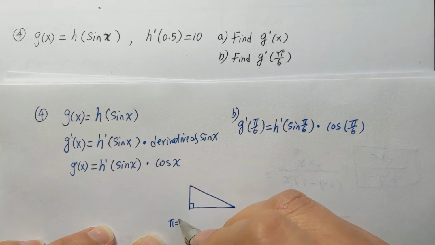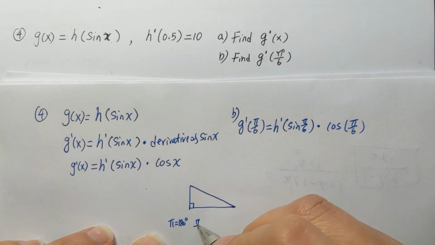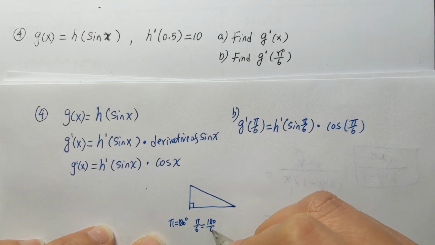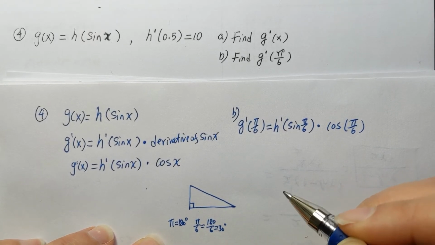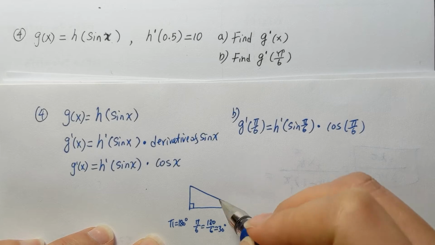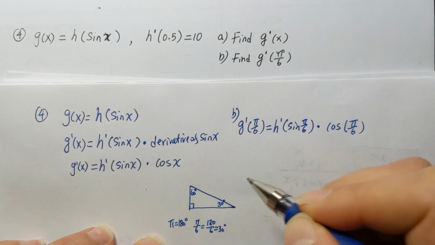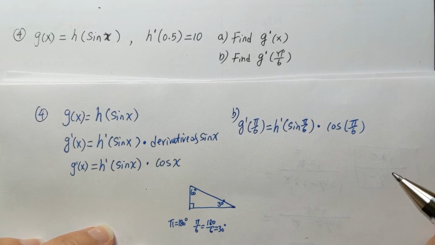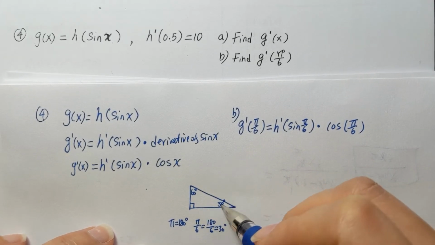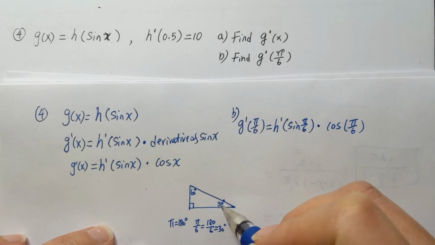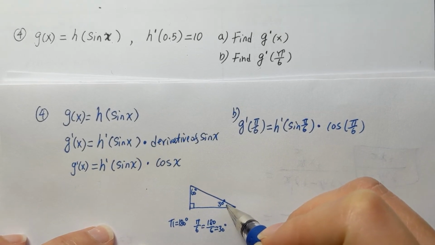Pi is 180 degrees. So pi over 6 is going to be 180 divided by 6, which is 30 degrees. So you have to use the 30 degree and 60 degree triangle. This is the one that looks like in your SAT exam. Now you got 30, that is the smallest angle.